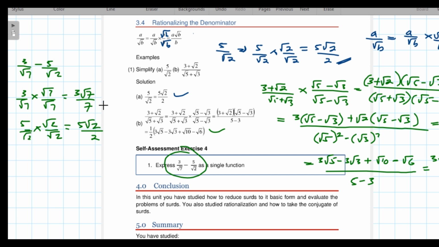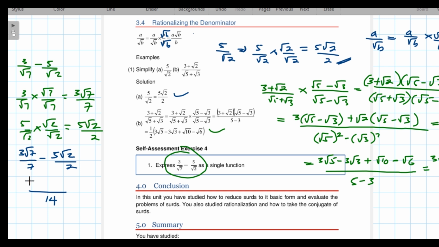Right, so we can now bring this together. We will now have this to be 3 root 7 divided by 7 minus 5 root 2 divided by 2. So for the denominator here, the LCM is 14, right? So we are going to have 14 divided by 7, that is 2 times.